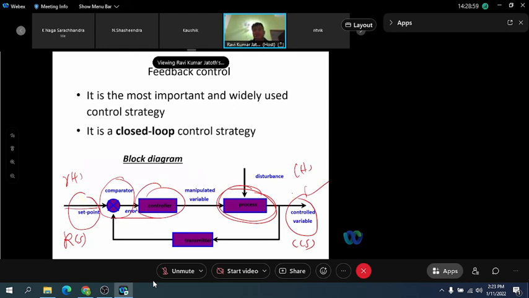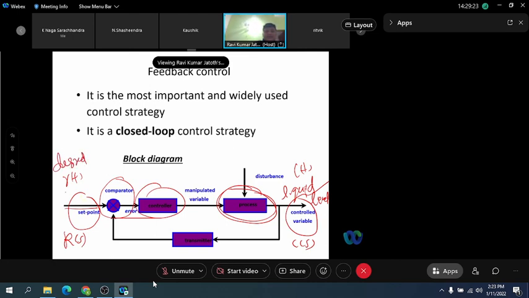So here, what is the controlled variable? Liquid level. And what is the input here?